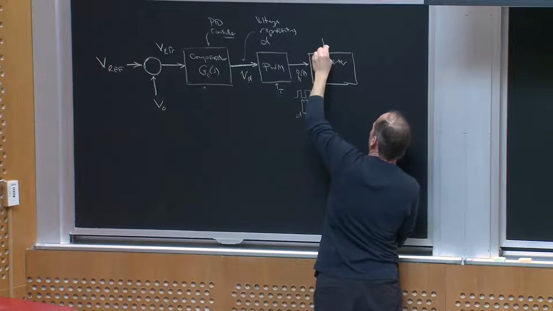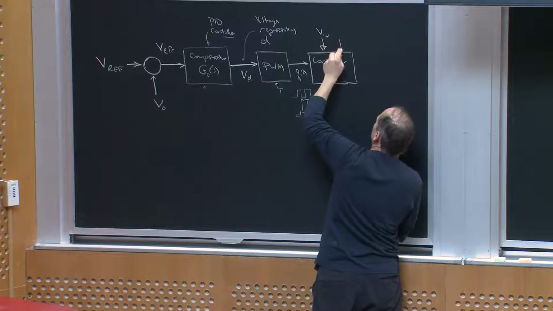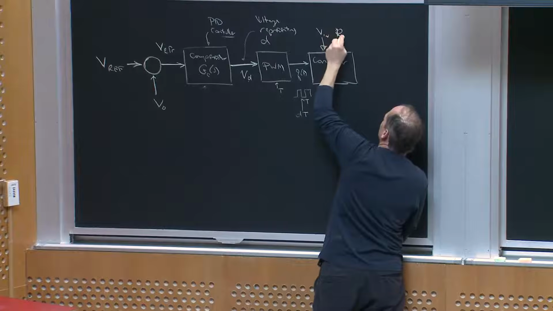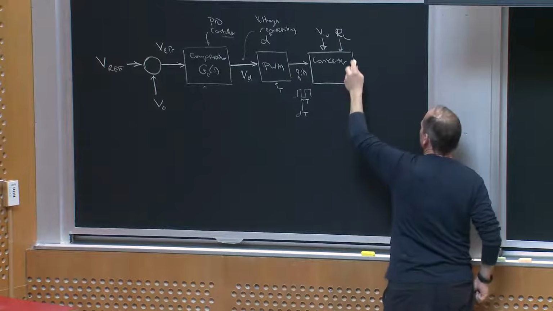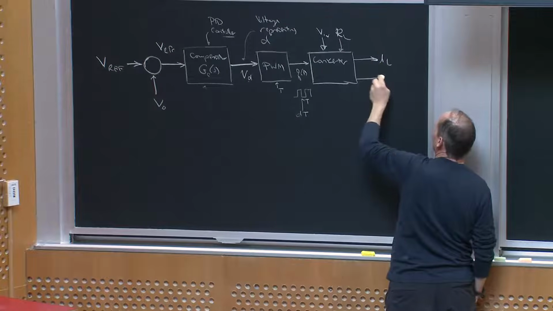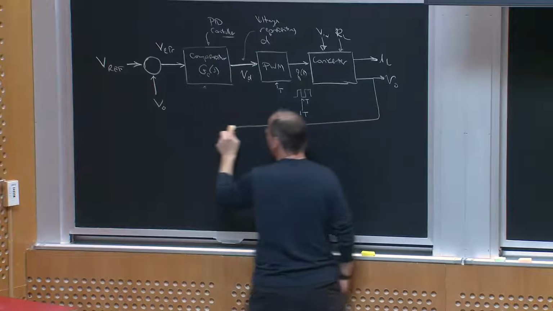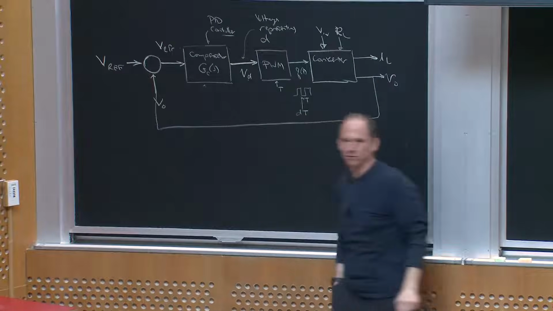Which also, if you think about it, has inputs of V in, and it's being affected by what the RL is, right? And its state variables are the inductor current and the output voltage, which is also the capacitor voltage, V out, and that's what I'm feeding around back here.